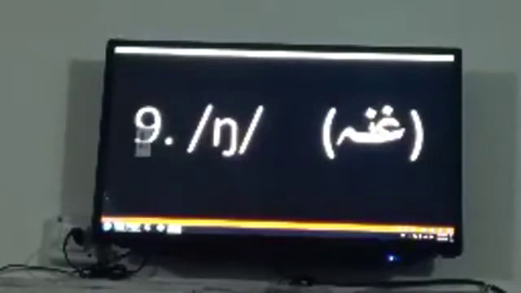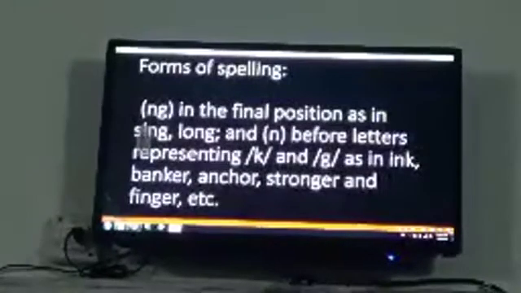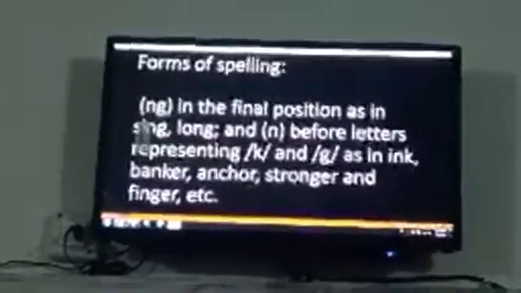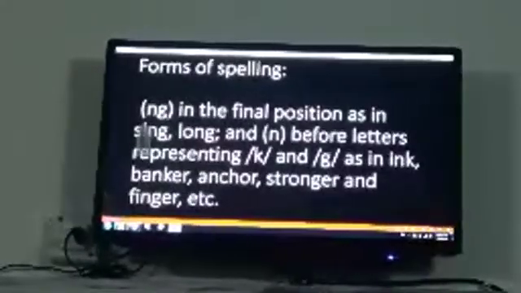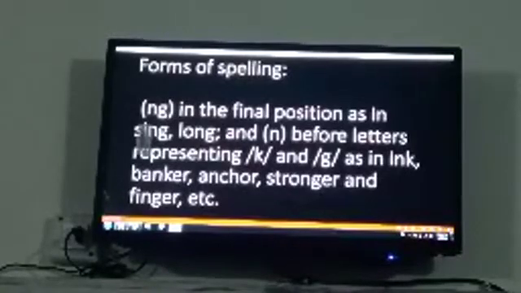Okay, now just go to the forms of spelling. Most of the time, remember, it is spelled or pronounced as ng. We have words with the ing form, so we always find the ng sound, ghunna sound there.